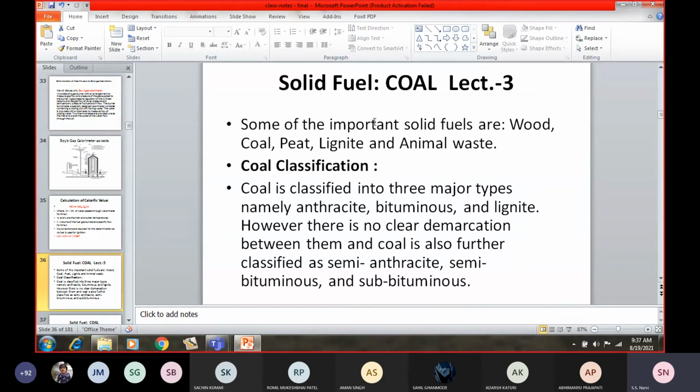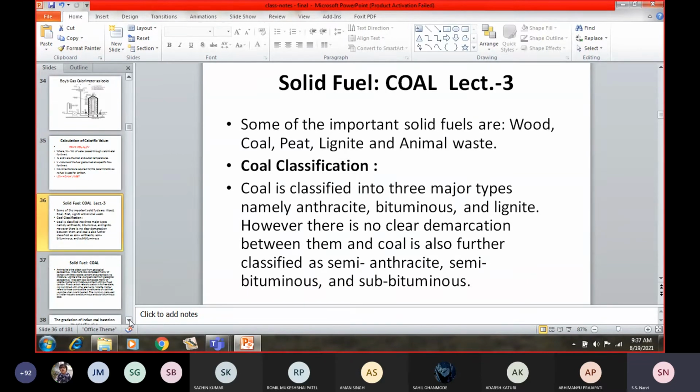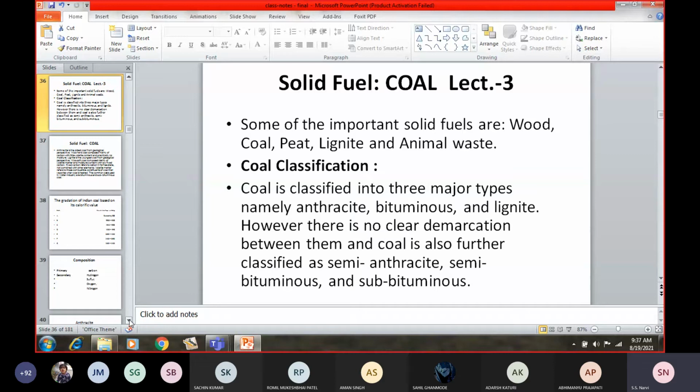So these are, you see, coal. As I told you, coal is also a fossil fuel, isn't it? It has been formed when the vegetation has been buried inside the earth for a long time. The plant has been buried into the earth, and due to certain processes, it has got converted into coal.